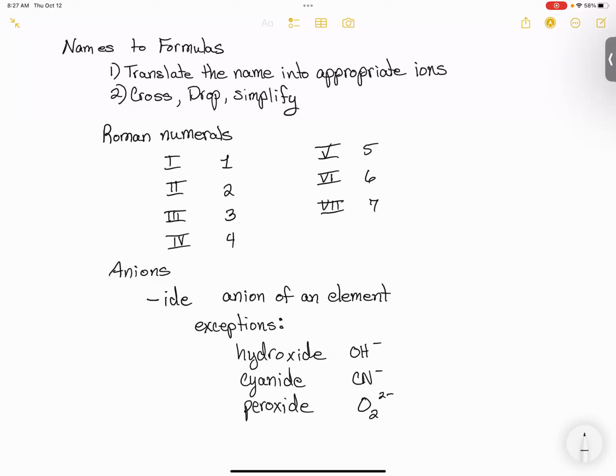But otherwise, if you see an -ide, it means that it is an anion of an element.